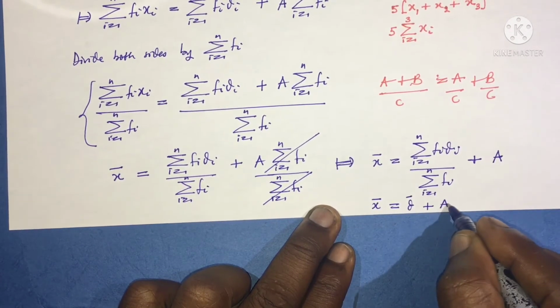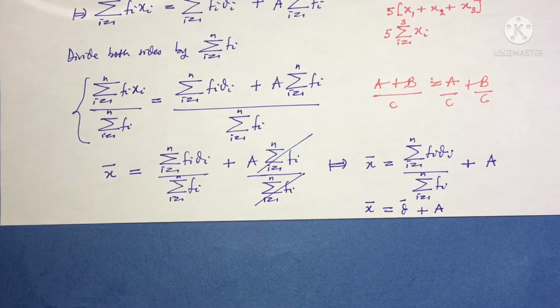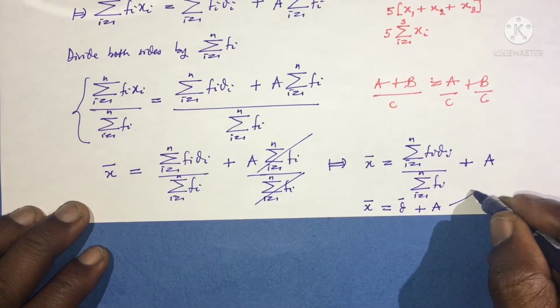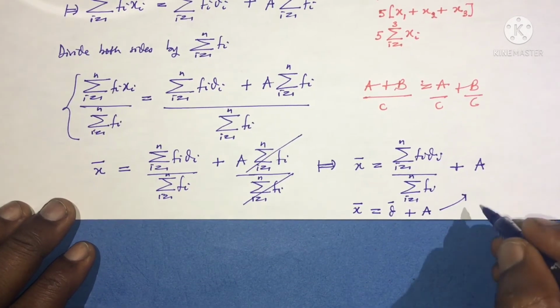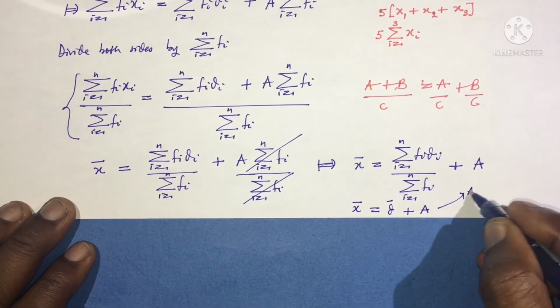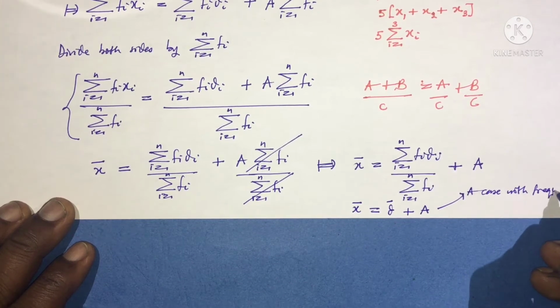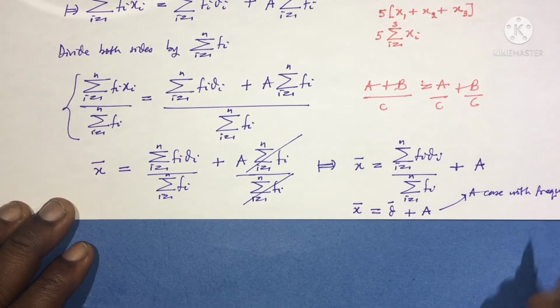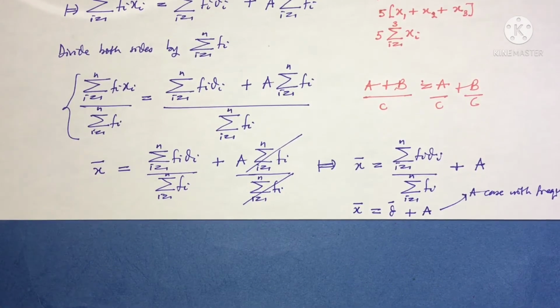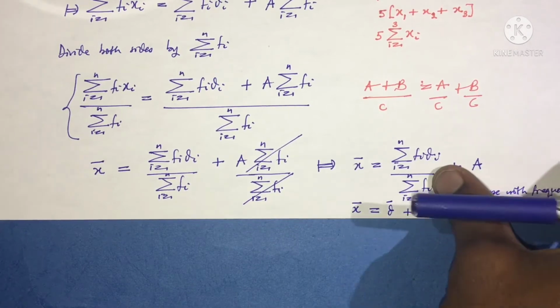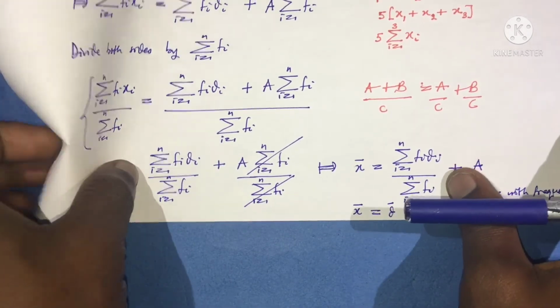So we have d bar plus a, giving us the same result but a different procedure for a case with frequencies, when you want to obtain the arithmetic mean given the assumed mean. So take note of this. So this is another method for obtaining the arithmetic mean.